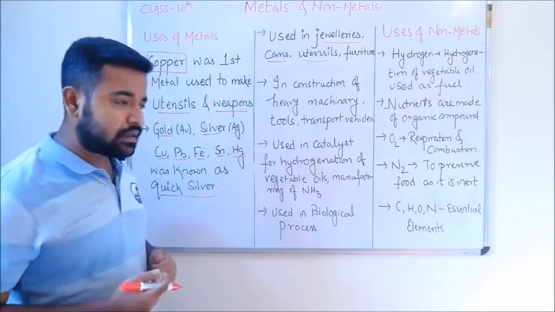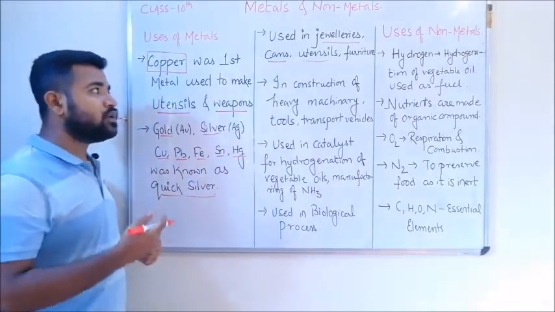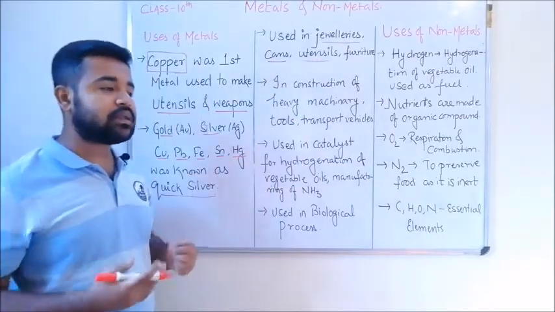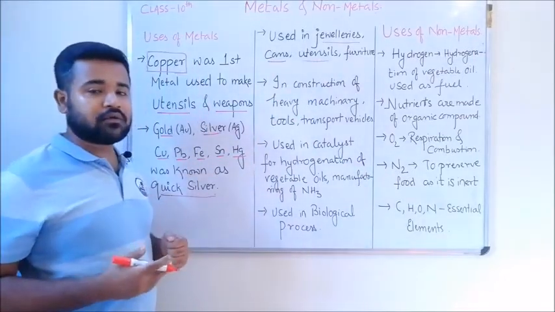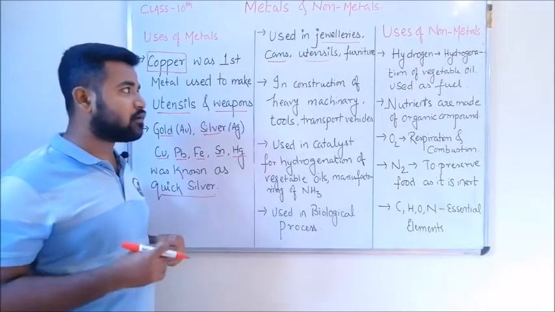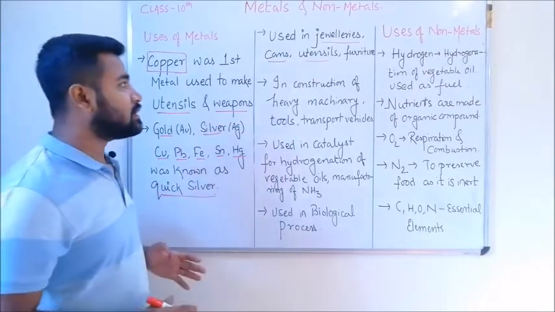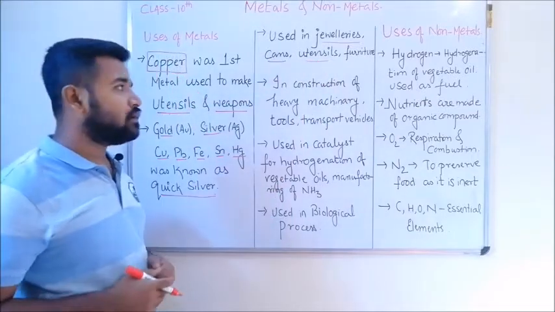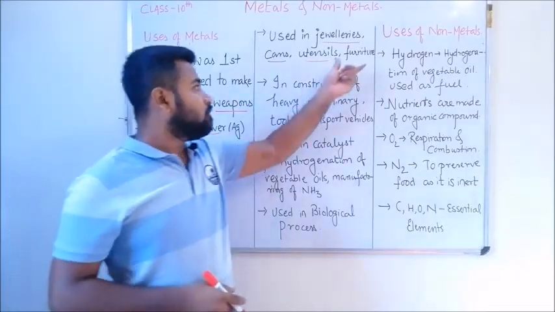What is the reason we use these metals to make utensils? Because metals are good conductors of heat and electricity. That's why they are used to make utensils.